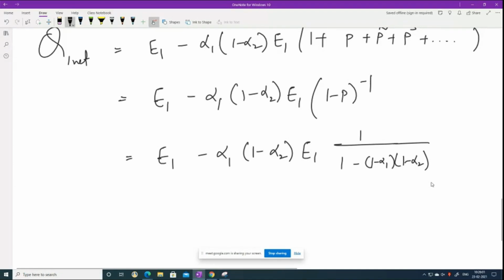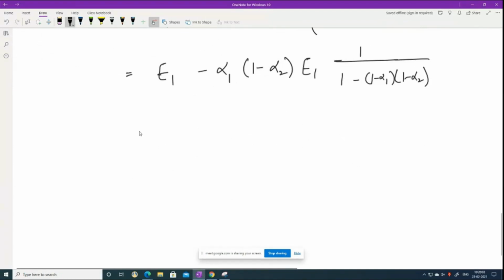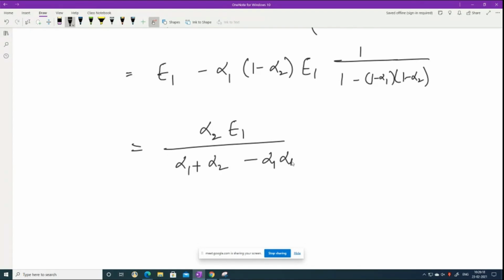this is your expression. If you simplify this expression, take the LCM and do all the calculation, what ultimately you'll get is alpha 2 into E1 by (alpha 1 plus alpha 2 minus alpha 1 into alpha 2). This is your Q1 net.